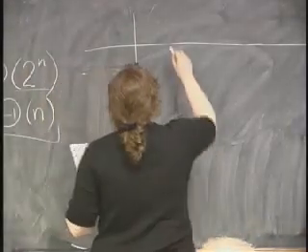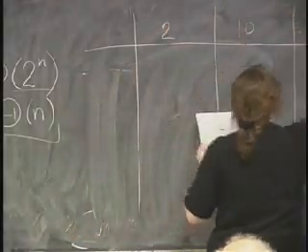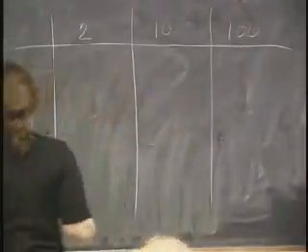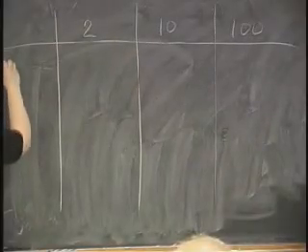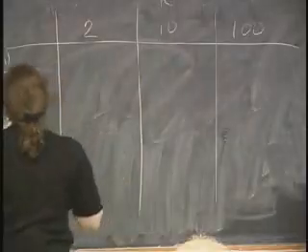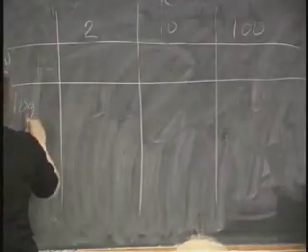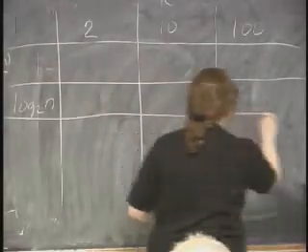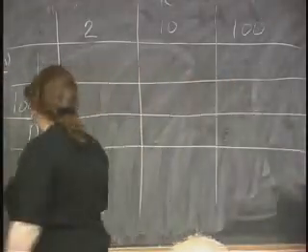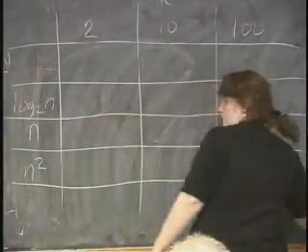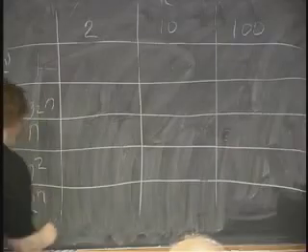Okay, so let's look at, for values of n, 2, 10, and 100. And then this is going to be the theta of n. So let's look at 1, log 2n, n, n squared, which we haven't seen today, but hopefully we'll show an n squared in recitation, and 2 to the n.